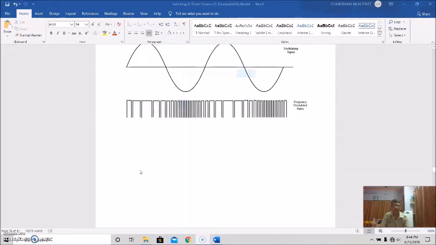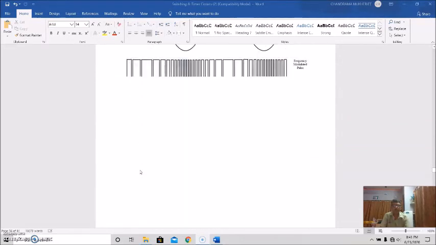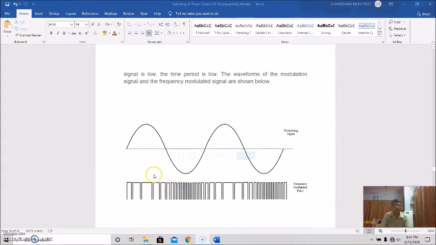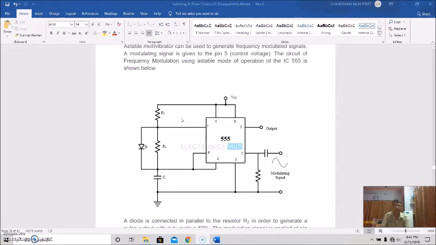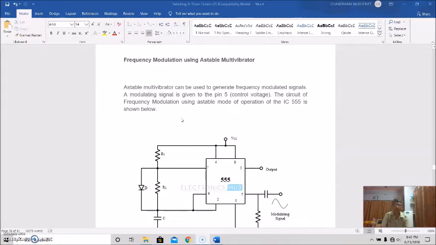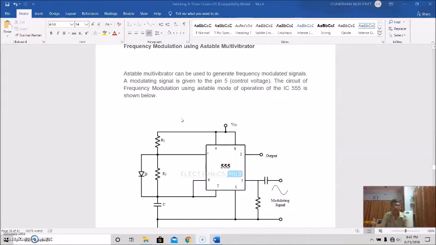So that is all about the applications of the Astable multivibrator. That means we have used the Astable multivibrator for square wave generation, for pulse position modulation, for generating a pulse train, and for frequency modulation.